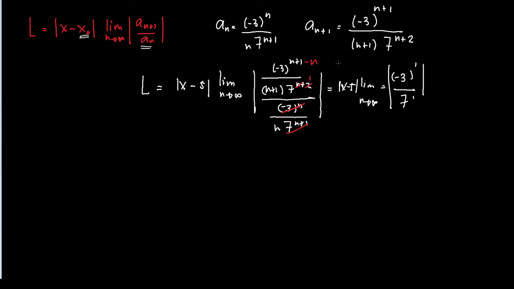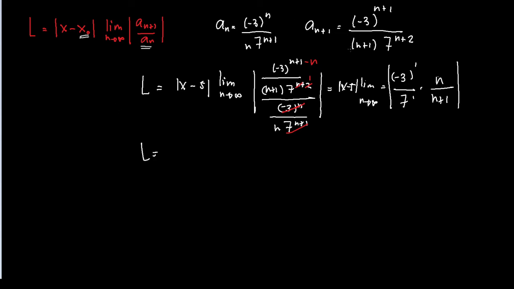And take note, that should be absolute value. And then since n plus 1 over n is not common, we're just going to have to rewrite that one. But since it's in the denominator, it's going to be the reciprocal. So in reverse, it's going to be n all over n plus 1. Right.